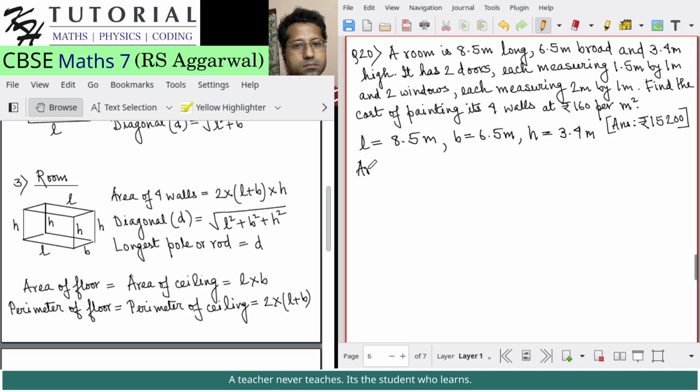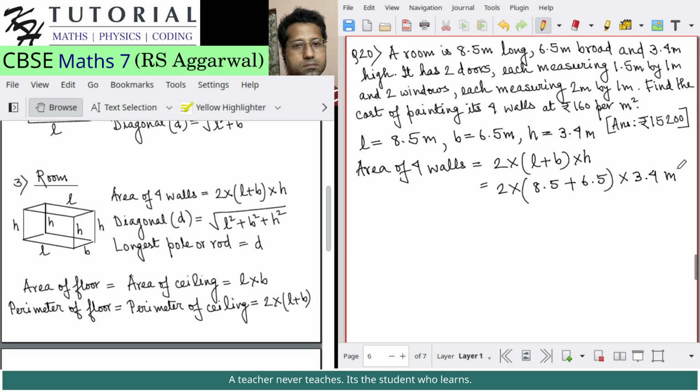So area of four walls will be equal to 2 into length plus breadth multiplied by h. This is equal to 2 multiplied by length is 8.5 and breadth is 6.5 and height is 3.4, this much meter square.